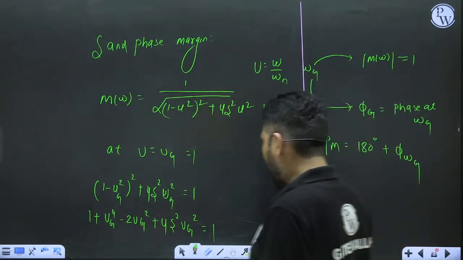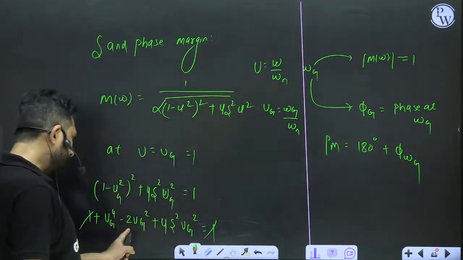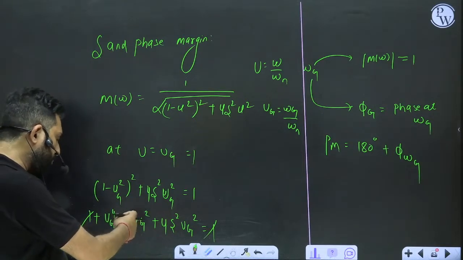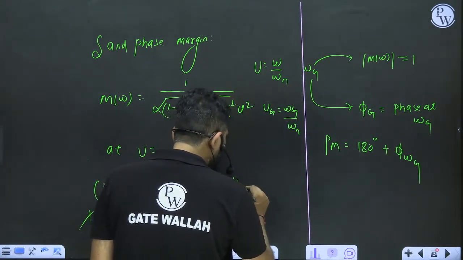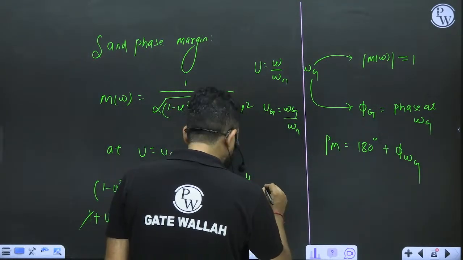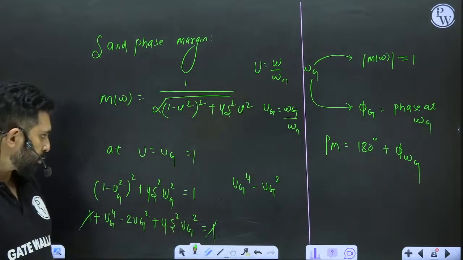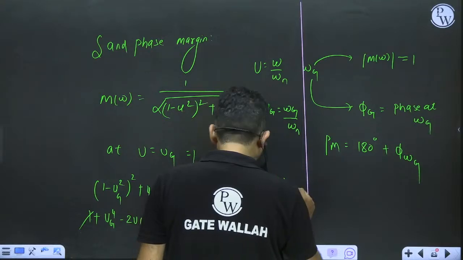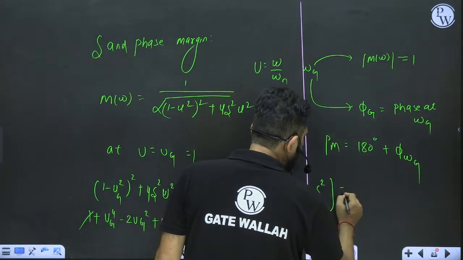Now what I'm doing is that 1 cancels. First of all, I'm taking ug square as a common, so we are left with ug to the power 4 minus ug square times 2 minus 4 zeta square, which has to be equal to 0.